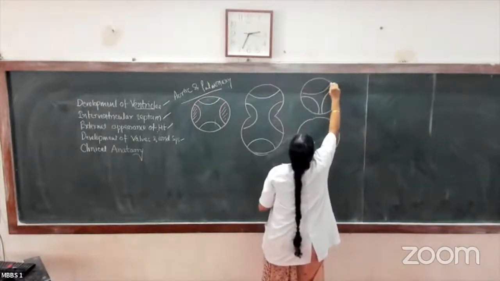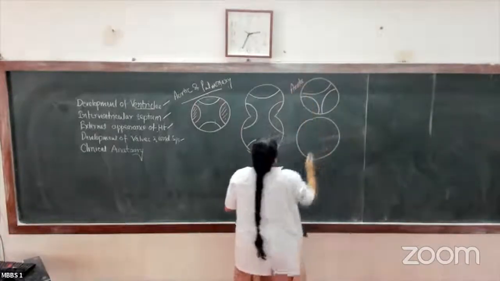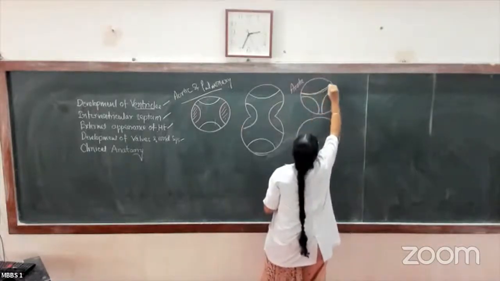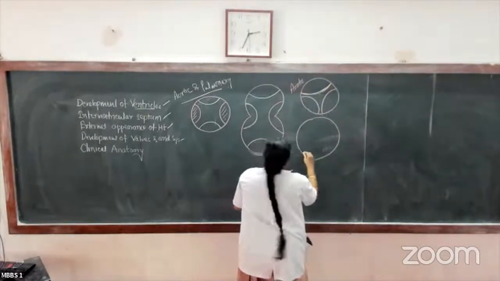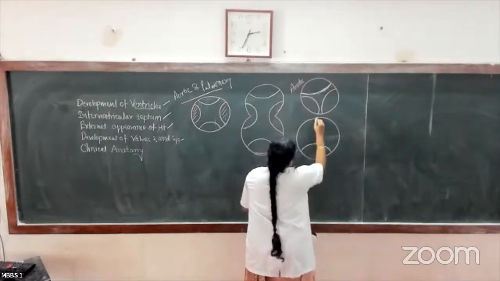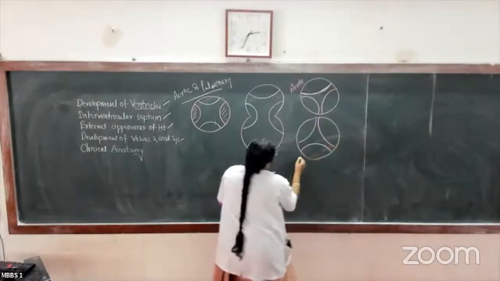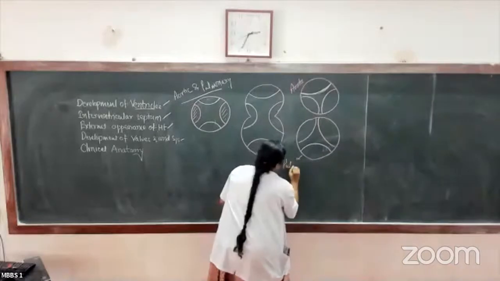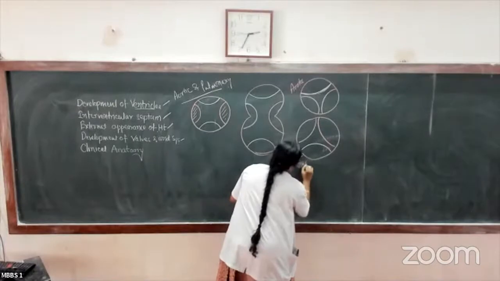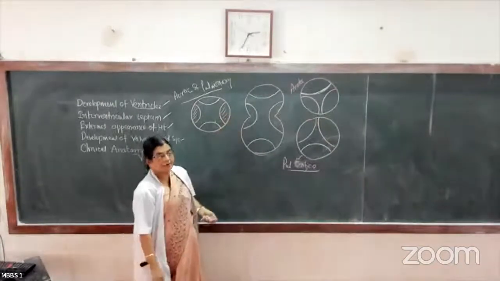This posterior one is the aorta, and anteriorly you get the pulmonary orifice, not the trunk, the pulmonary orifice and aortic orifice.